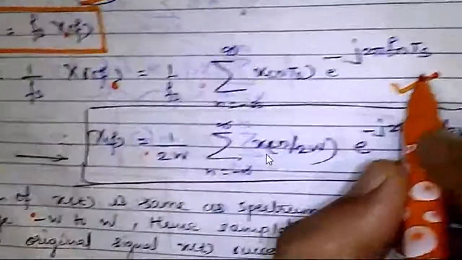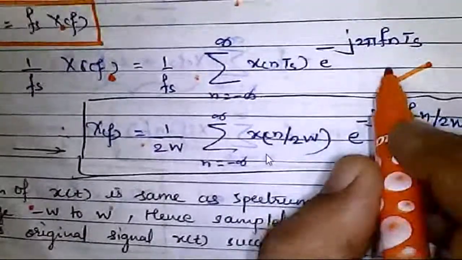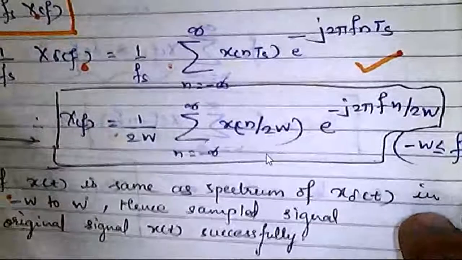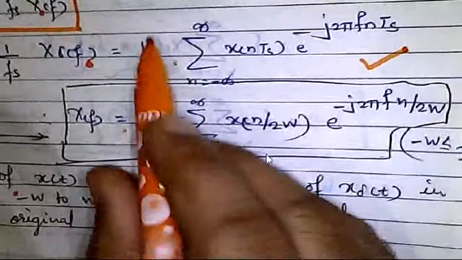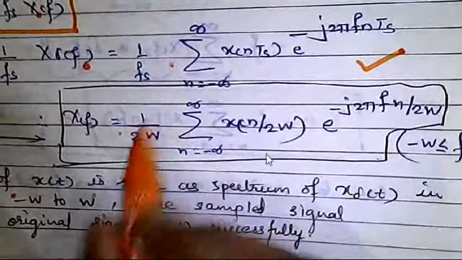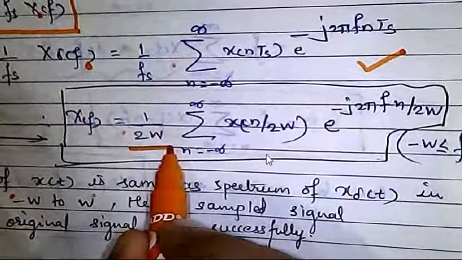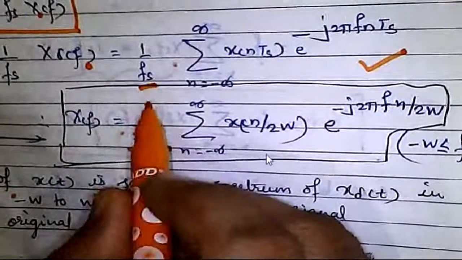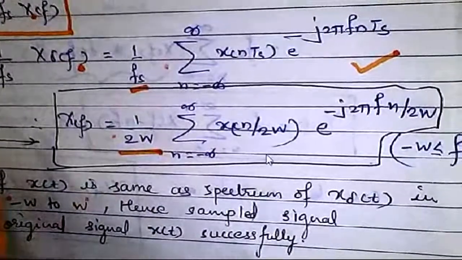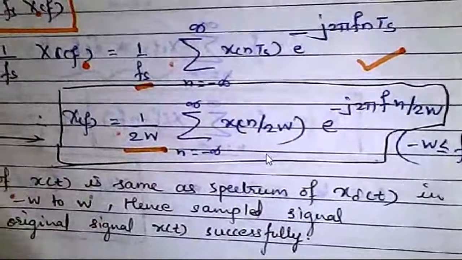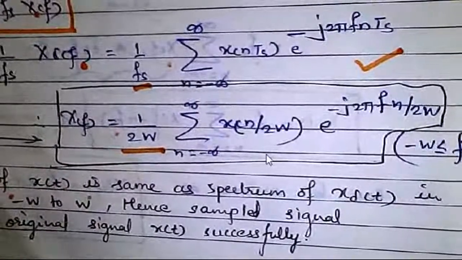After simplifying this equation, we can further write 1 upon fs as 1 upon 2W, because fs will be replaced by 2W, as verified by the sampling theorem in the time domain.